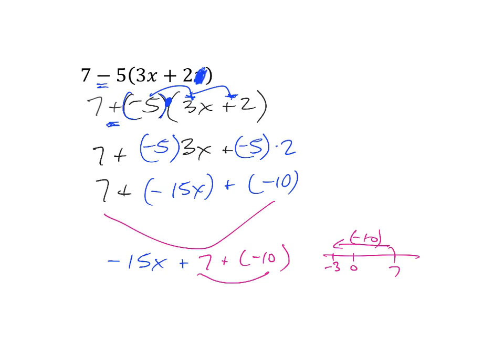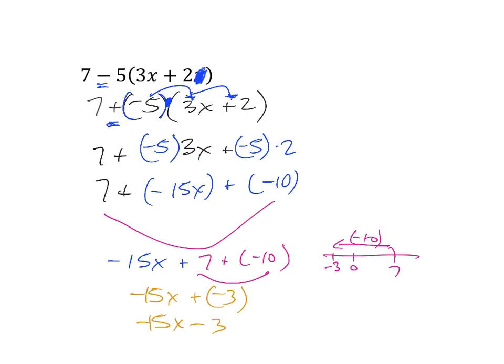For some of you, this is still going to be a problem. Draw the number line. Be okay with that. If you need the number line, it's a tool. So this is negative 15x plus negative 3, which could also be written as negative 15x minus 3.